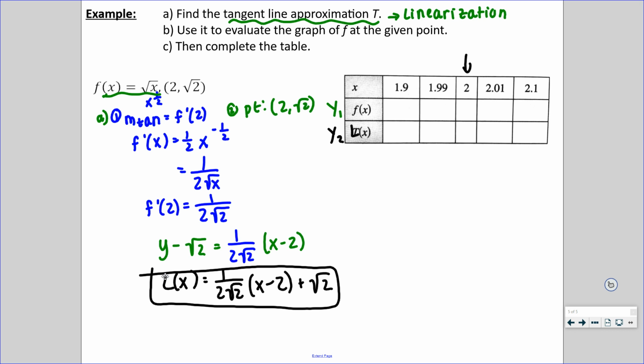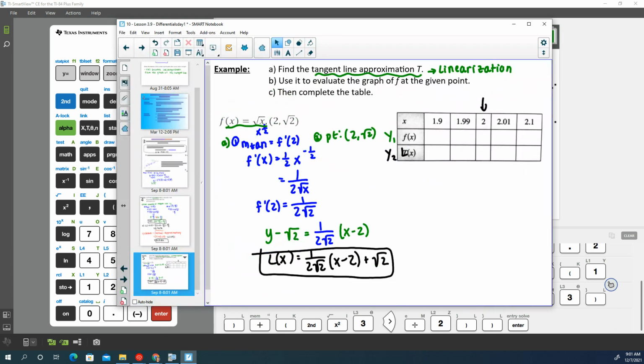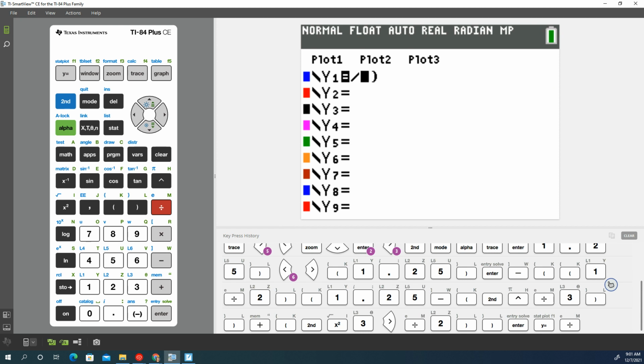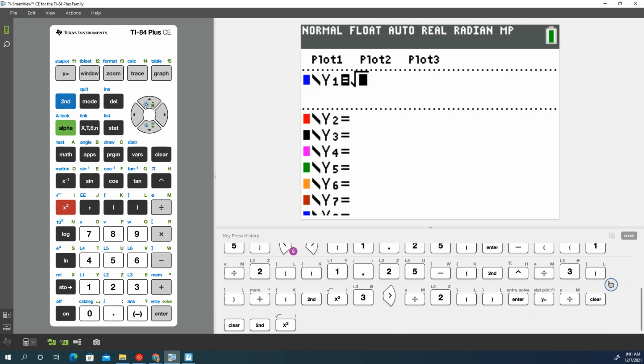Okay, so let's finish this up together. So this one's just the square root of x.